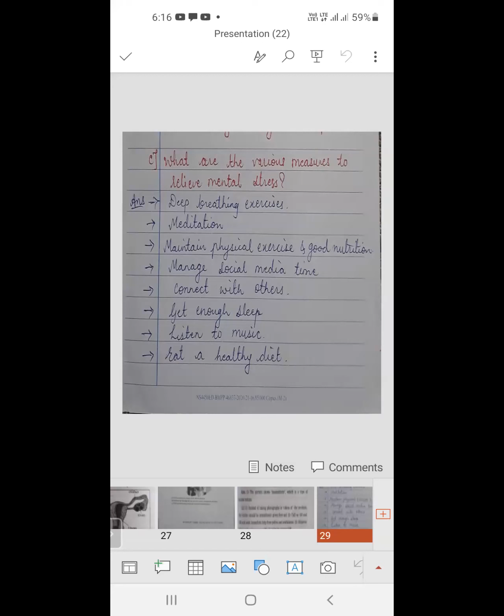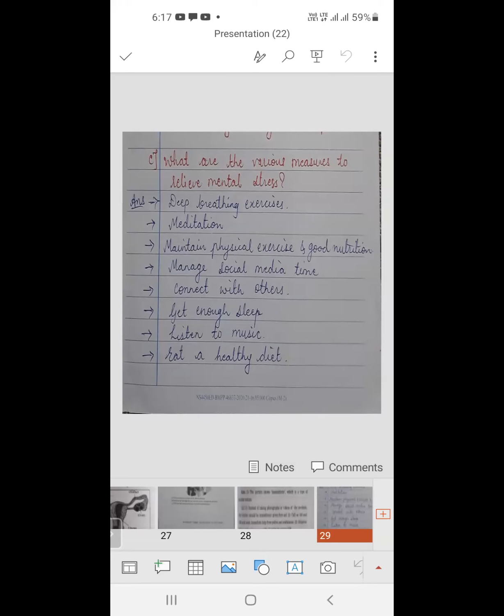In this way, we have solved prelim paper 4, and we have completed the analysis of this paper.